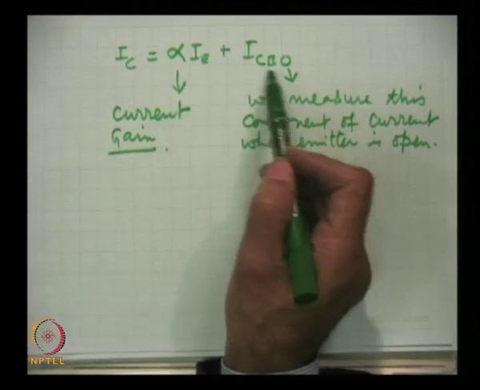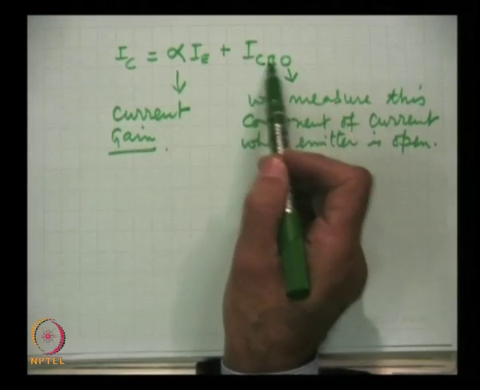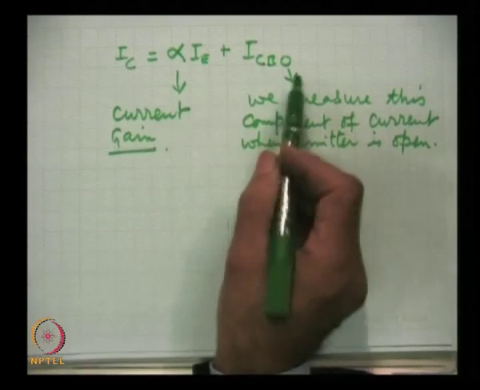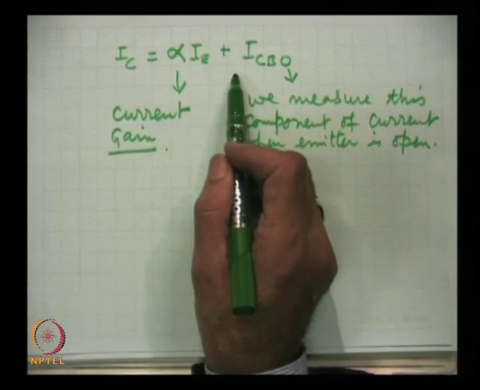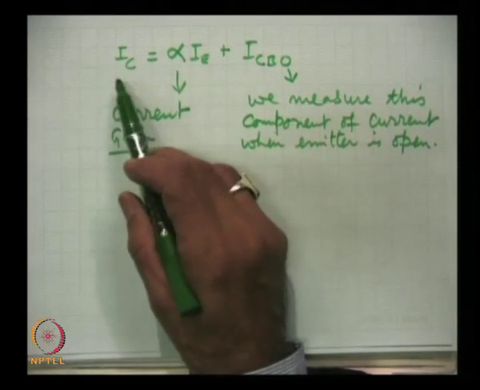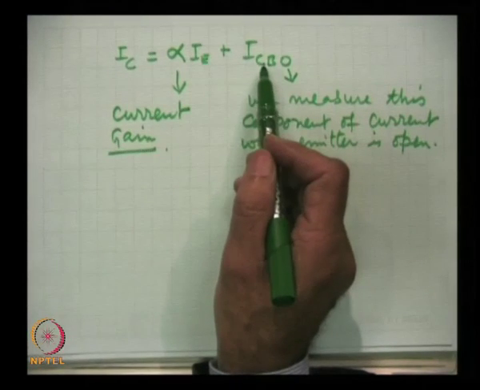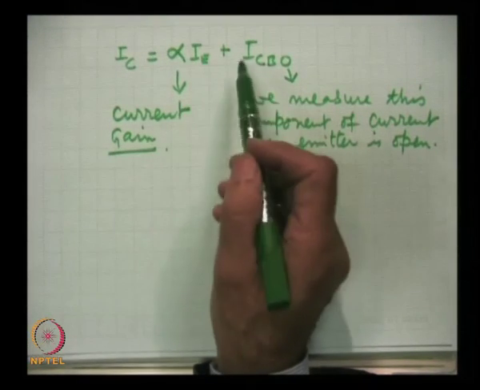Collector current is basically the current which is flowing because of the input current, this part, alpha times IE, while this other current is thermally generated current, which is temperature dependent. But fortunately it is also not important, because this current will not vary with the input current. Any fraction of the current which is invariant as far as the input current is concerned is not playing any useful role in amplification.